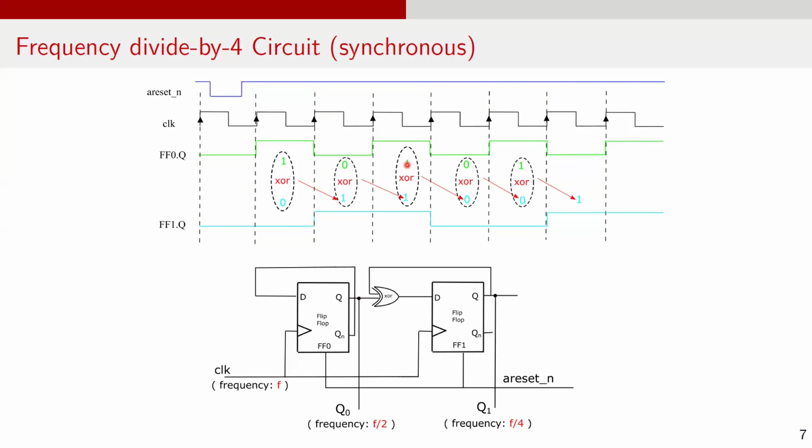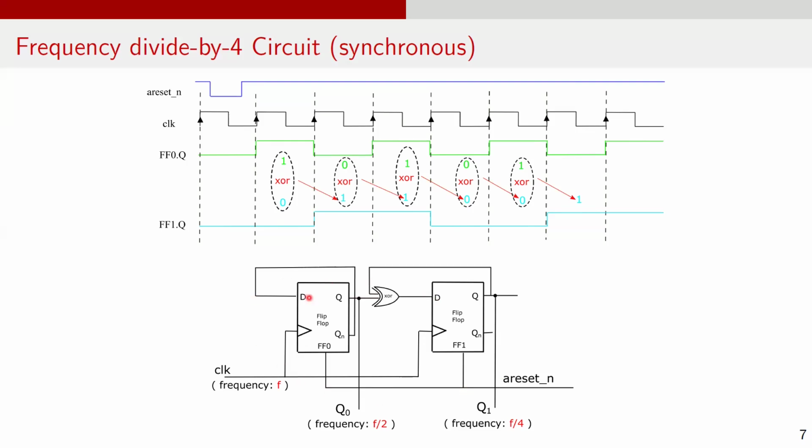Now let's look at this clock cycle. If ff0q is 1 and ff1q is 1, the XOR of these two signals is 0 and hence ff1q is updated to 0 at the next rising edge. This pattern continues to generate the expected output. Thus, by connecting ff0q XORed with ff1q to the D input of the ff1 flop, we obtain the synchronous divide by 4 circuit.